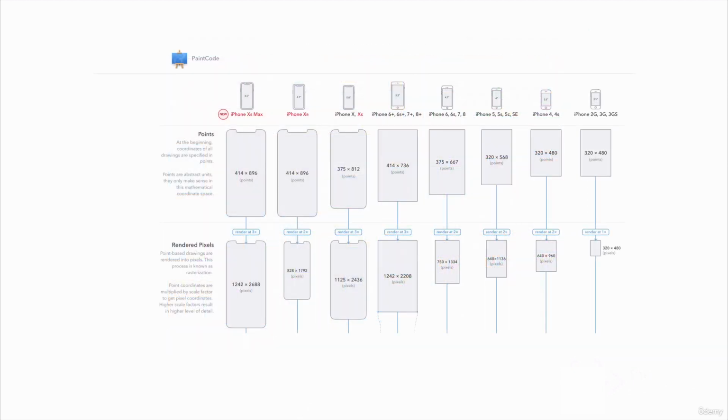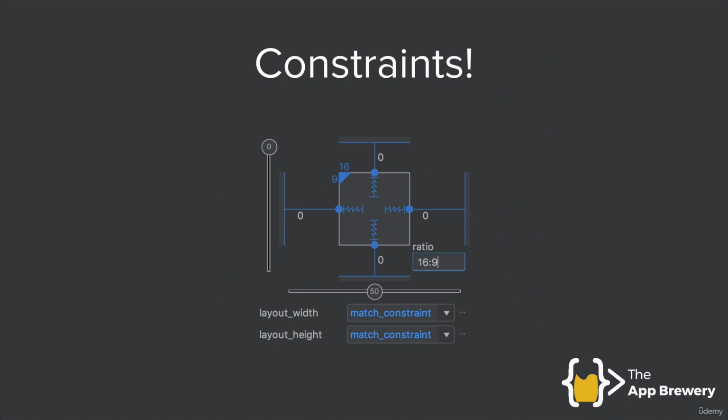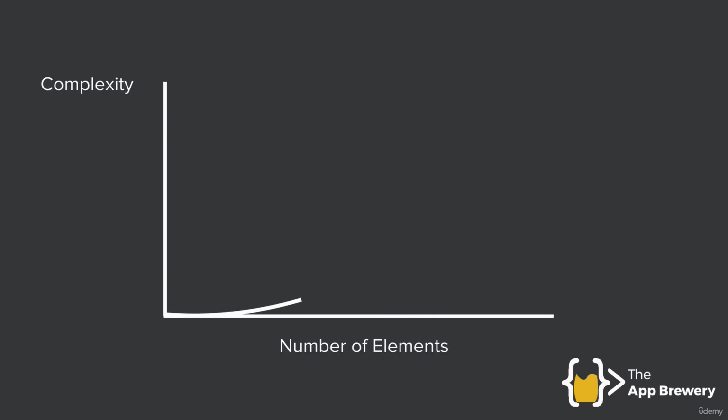So as a developer, we want to lay out our screen to make the most of the screen real estate and make sure that the user actually has a good experience using our app. In order to do this, both on iOS and Android, we now use constraints. And constraints essentially get more complex as the number of elements grow on screen.